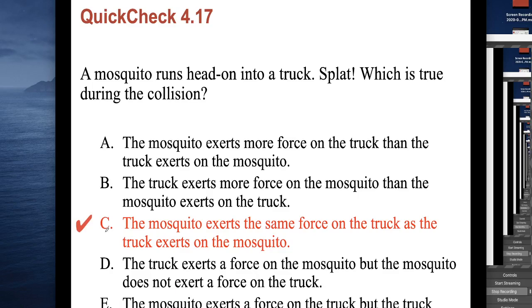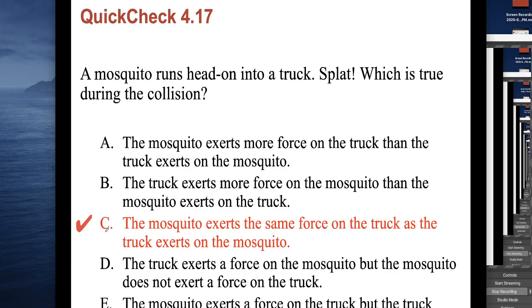It's not very intuitive, because when a mosquito hits the truck, it's easy to understand that the truck maybe gives a big force on the mosquito because the mosquito dies, right? But the truck seems like nothing happened to it.